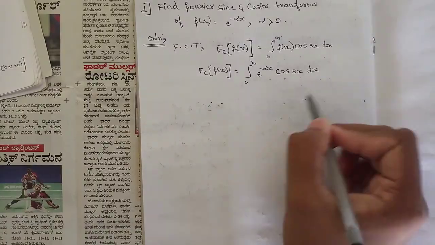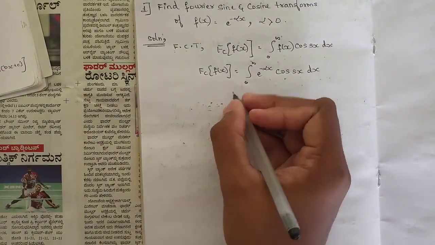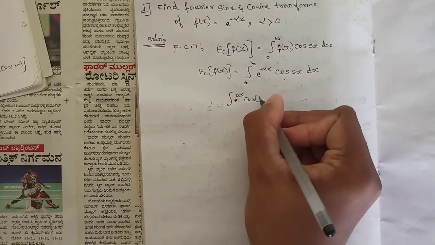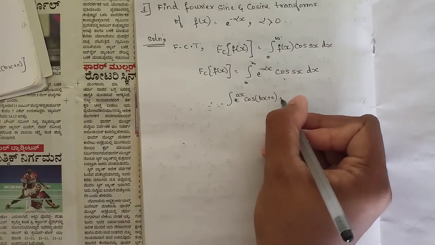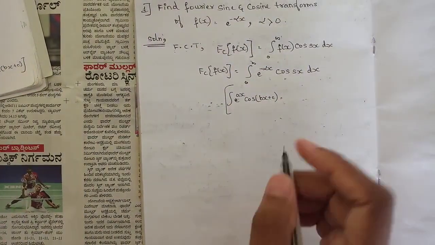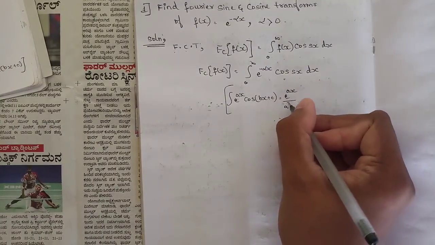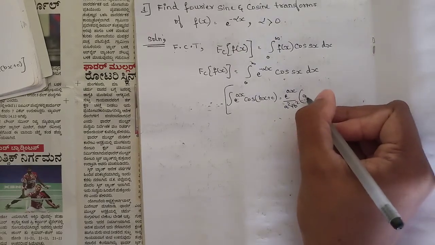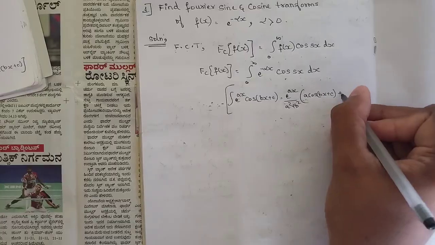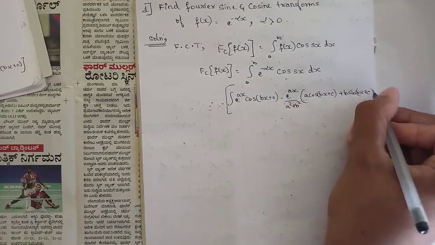If we look at this integral carefully, it is of the form e to the power ax cos of bx plus c. This is equal to e to the power ax divided by a square plus b square, into a cos bx plus c plus b sin bx plus c.